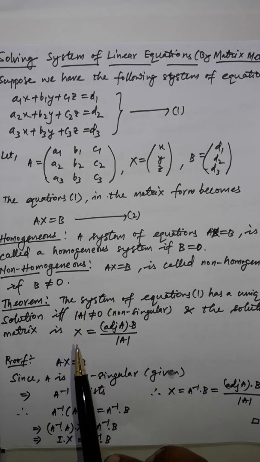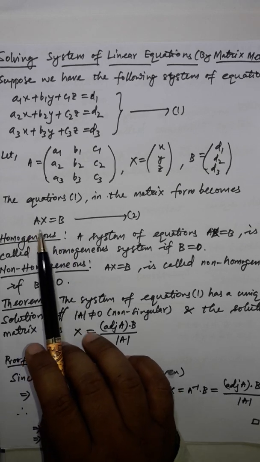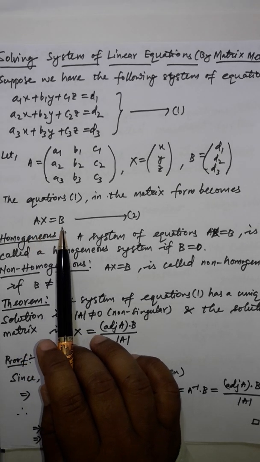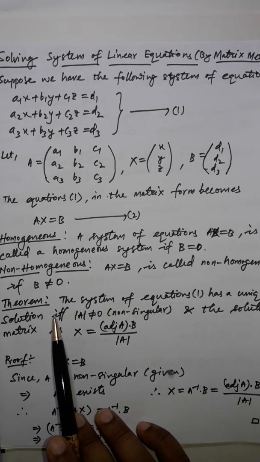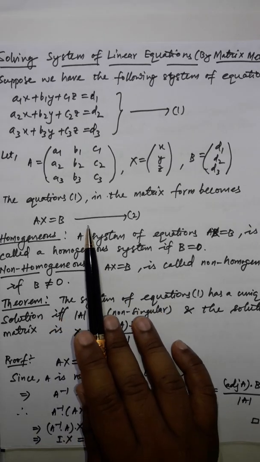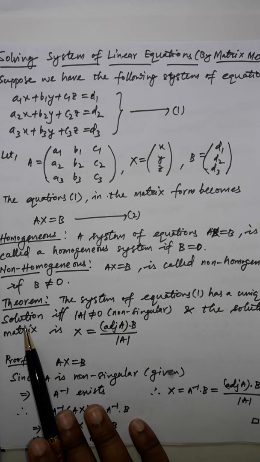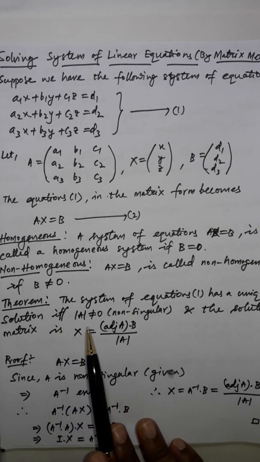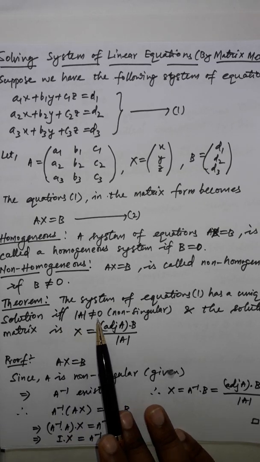Now let's discuss the formula to solve this system 2, AX = B, in the form of a theorem. The system of equations 1 has a unique solution if and only if the determinant of the matrix is not 0.